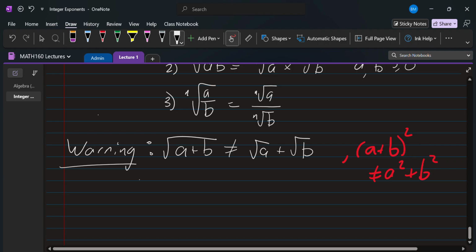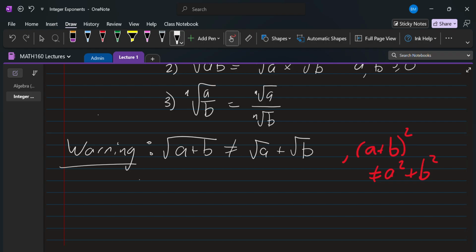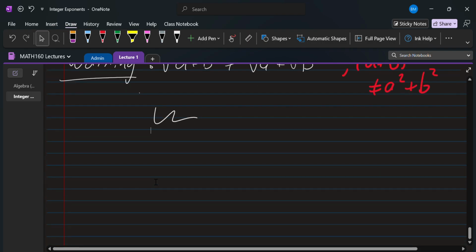You make these mistakes in the test, I'm just skipping it. You cannot be in university making these mistakes. So this goes together with a plus b squared is not a squared plus b squared. Similar mistakes there.